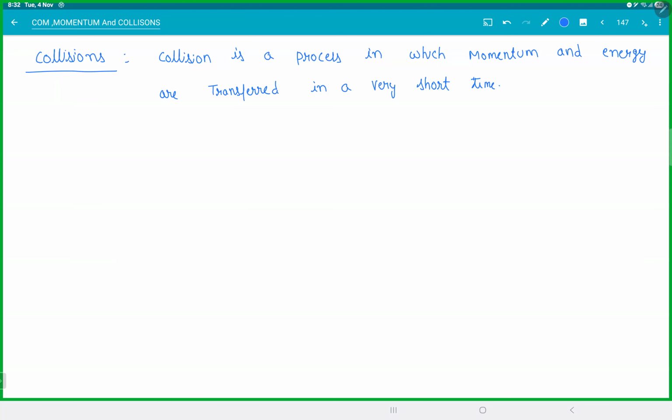Right? And the forces involved during the collision, since the time is small and you want to give a finite momentum, what is momentum? Force into time. So the forces involved during collision are very large, and they act for a very small time.